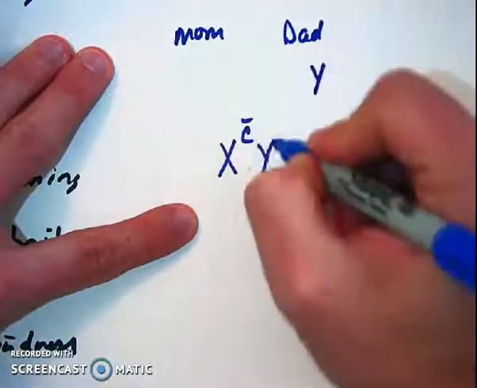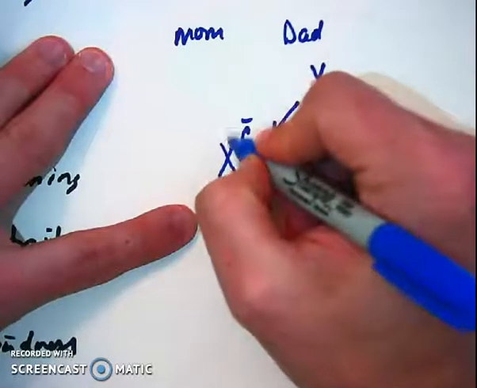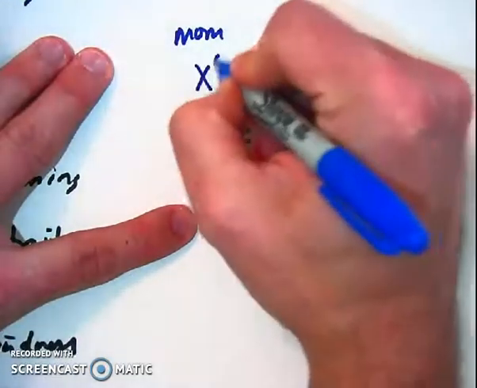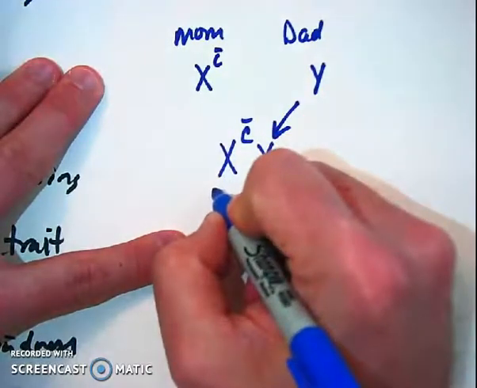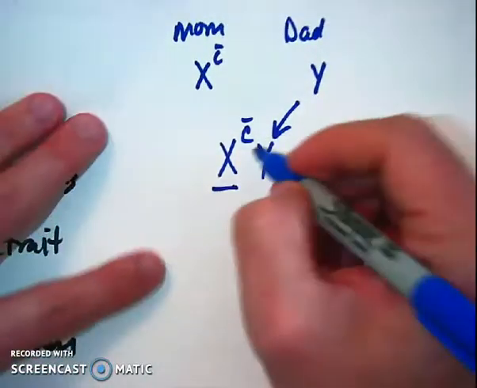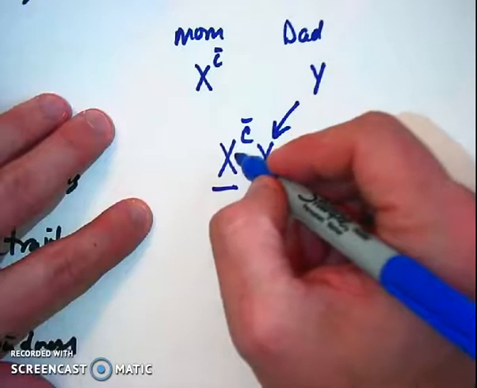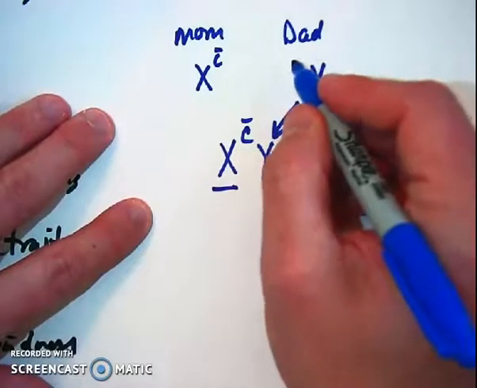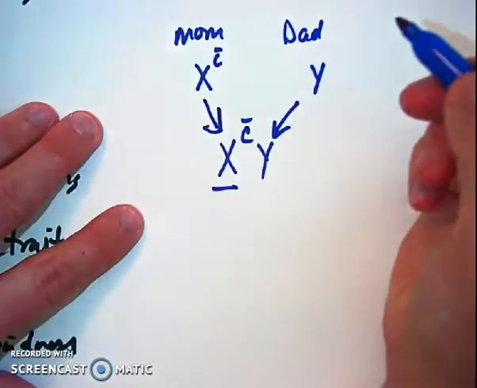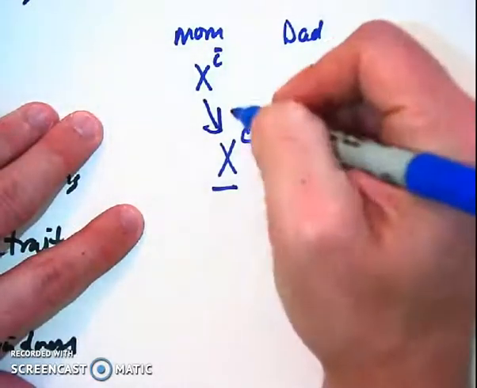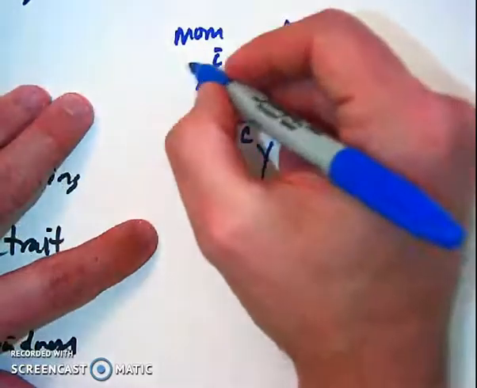So you start looking at inheritance patterns and say, all right, well, mom is responsible for this allele. Any boy that you know is colorblind, because it's sex-linked on the X chromosome, this X had to arrive from his mother. That doesn't guarantee that she's colorblind. She could be a carrier.